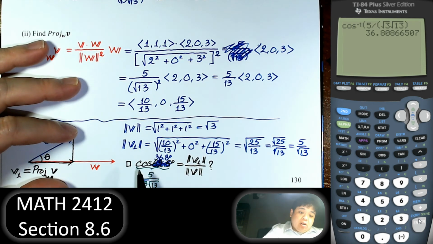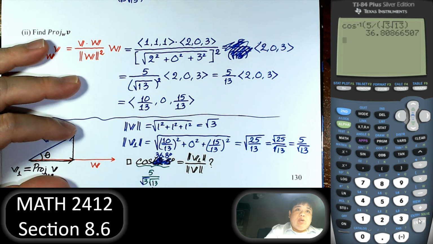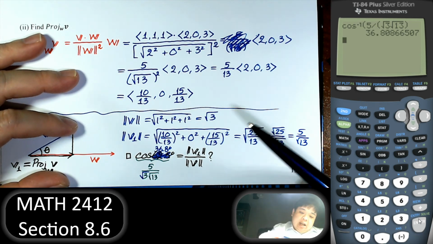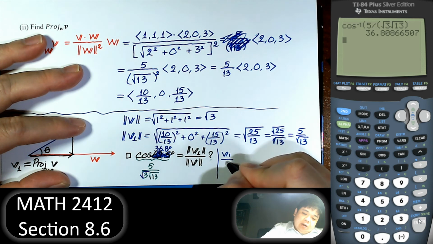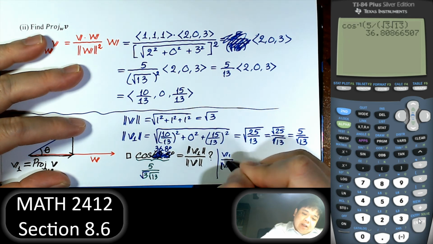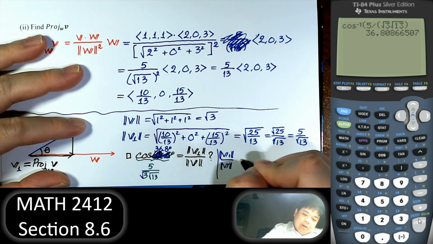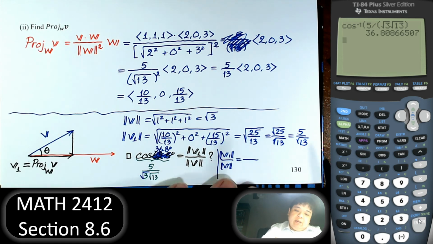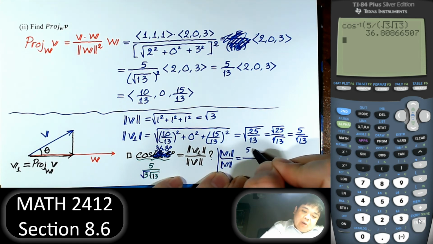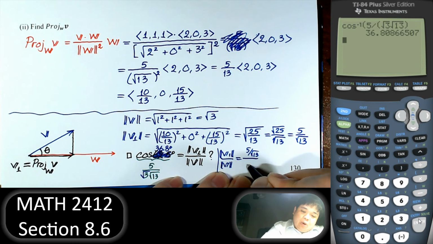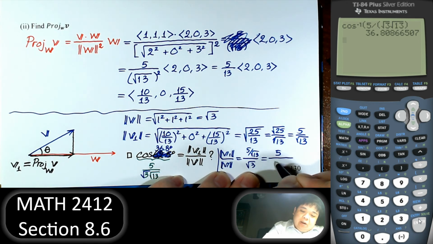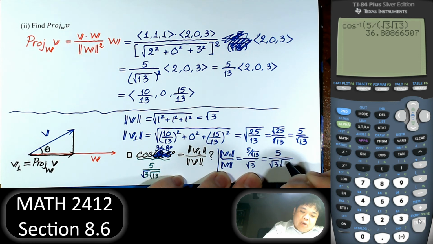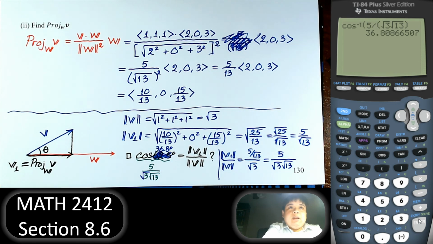Now we know the cosine of that angle is 5 over square root of 3 times square root of 13. Now if we take the magnitude of V1 over the magnitude of V, we will have 5 over square root of 13, over square root of 3. Of course that gives us 5 over square root of 3 times square root of 13, which equals the cosine of this.